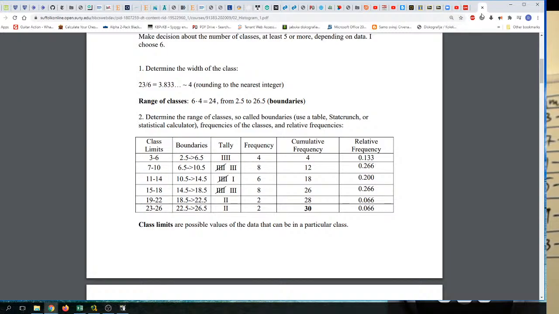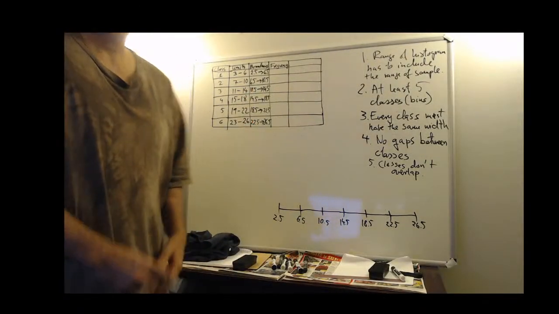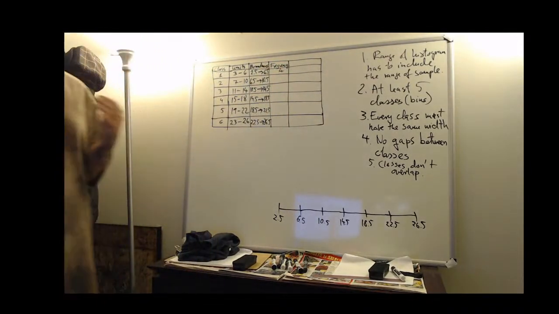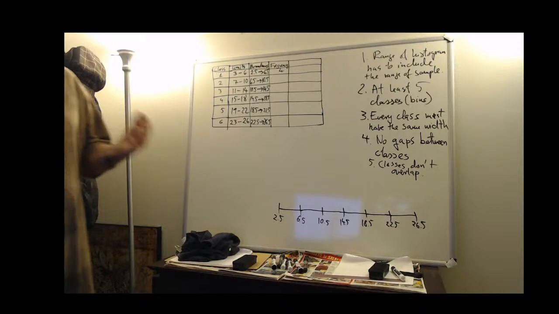So what I see here, in the sorted data, is 3, 5, 5, 6. 4 things are between 3 and 6: 3, 5, 5, 6. That means that the frequency of the first class is 4. I am counting how many things are in the first class. There are 4 of them.